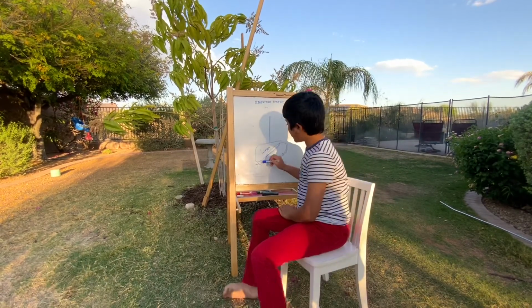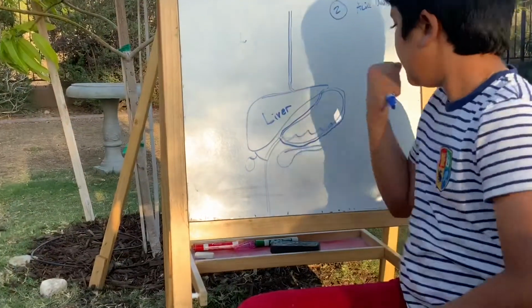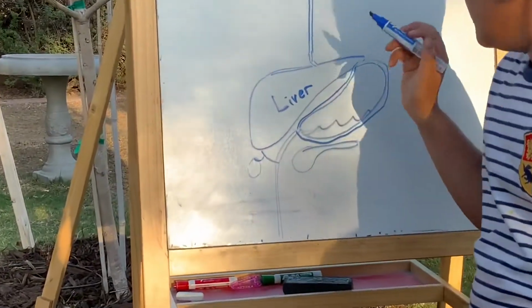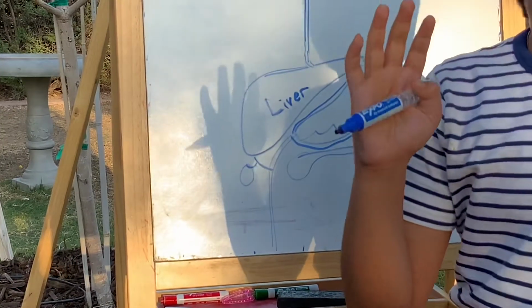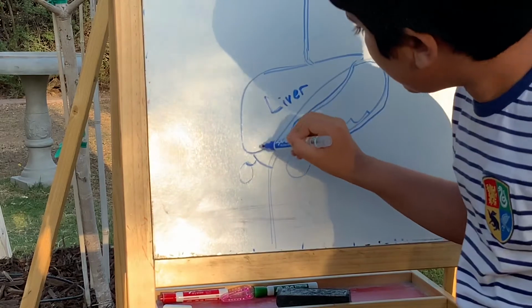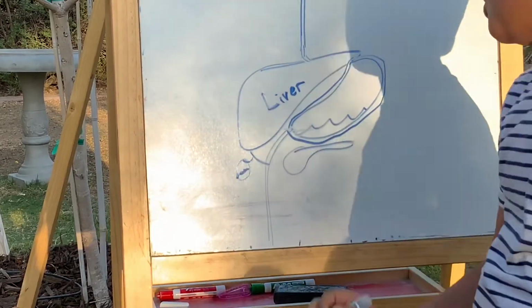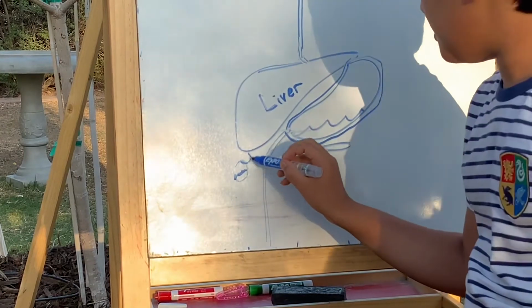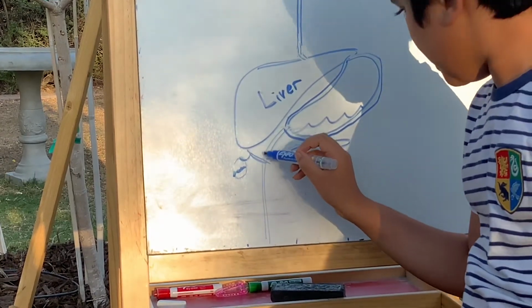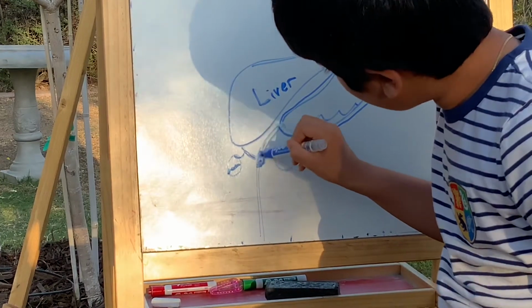So, inside the duodenum, the first part of the small intestine, the liver makes a chemical called bile. Bile is then stored in the gallbladder. It stores extra bile and then it inserts into the duodenum where food waits to be digested by the bile.